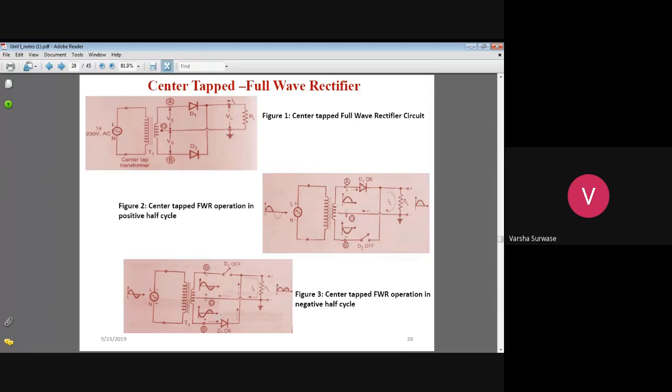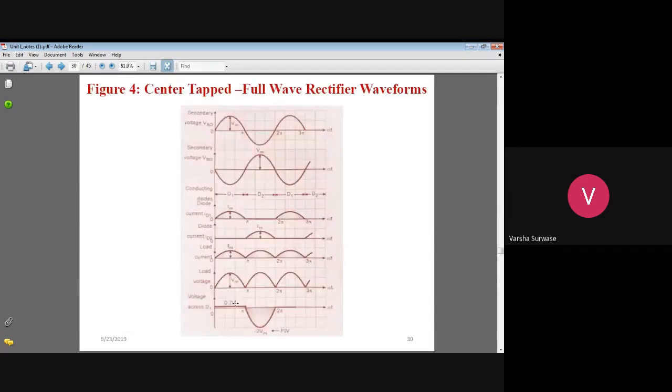When diode D2 acts as a closed switch, here you will get the load current IL in the same direction as when diode D1 is conducting. Whatever the direction of load current you get then, you will get the same direction of load current at the output. Now see the direction of voltage. This is the input voltage; for this input voltage, diode D1 is conducting.